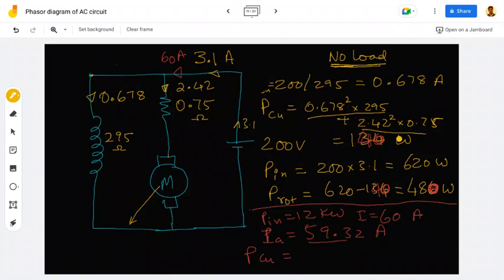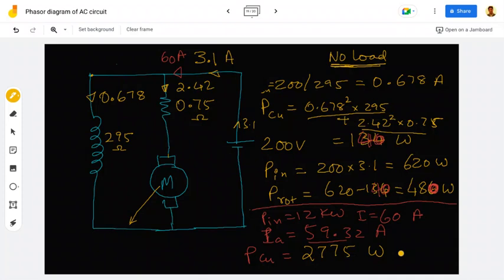I'm getting 2775, rounded off. So from the input of 12,000, 2775 is copper losses and 480 is the rotational losses.